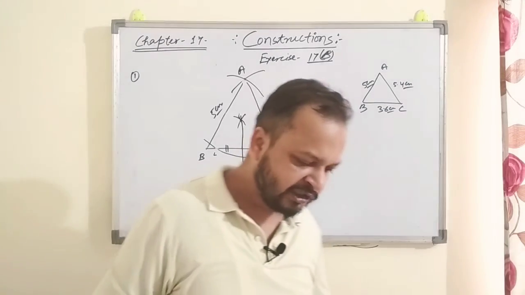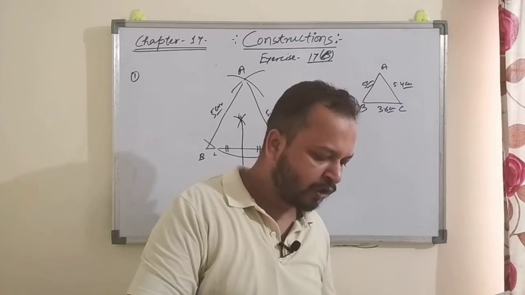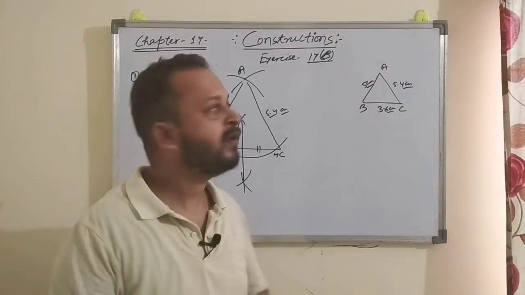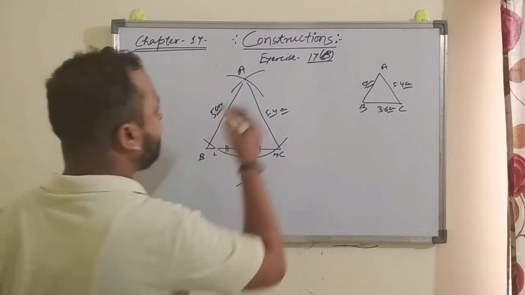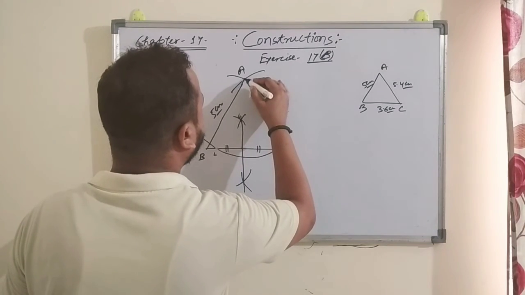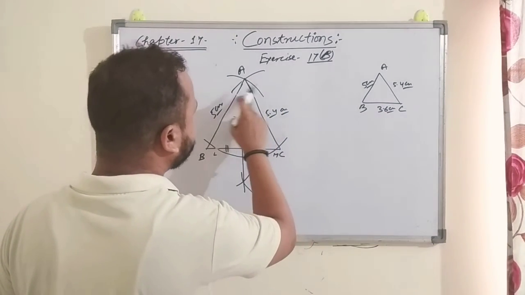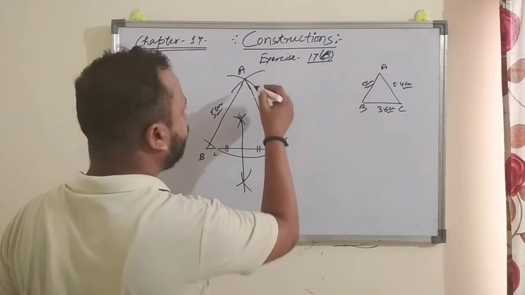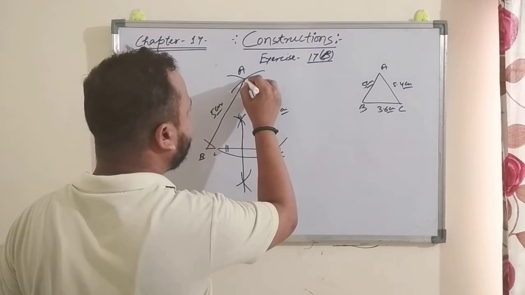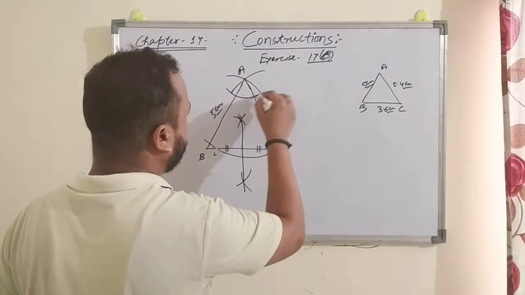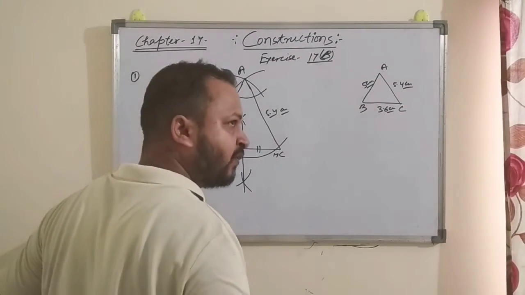In second question, it is also given that draw a given angle. So suppose we are going to draw the bisector of a given angle. Suppose we have to draw the bisector of this angle. So what you have to do, just point A as a center, draw any radius, draw two arcs this way, right?